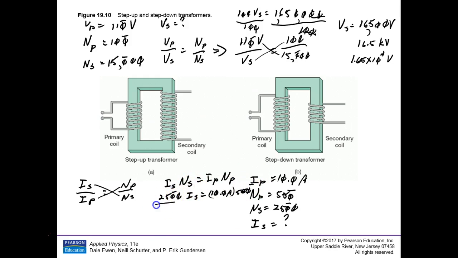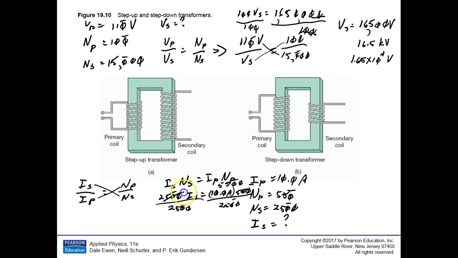And then all we do is divide by 2,500. Well, first you might want to multiply those two together, and that would be 5,500.